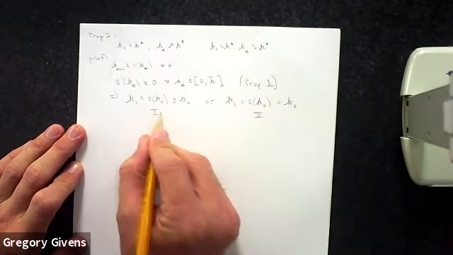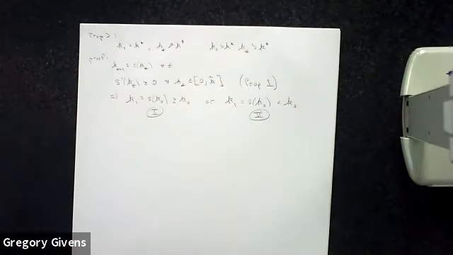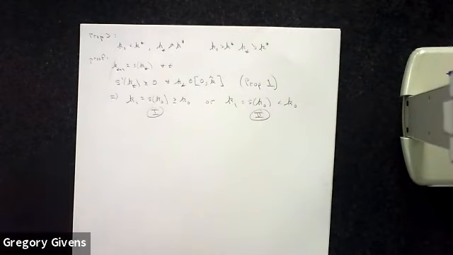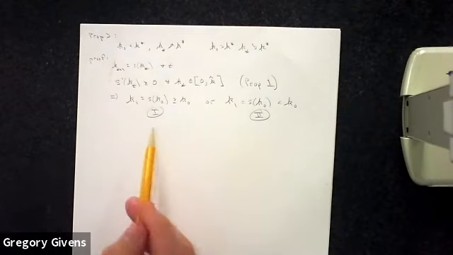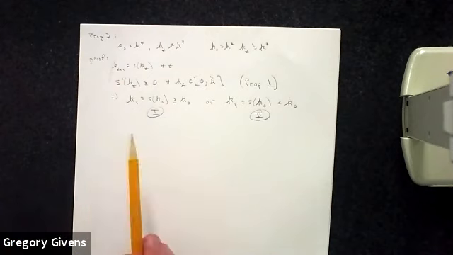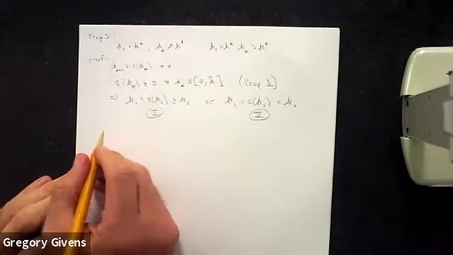There's only 2 possibilities here. Either K1 is going to be bigger than or equal to initial capital, or it's going to be less than initial capital, okay? I want to consider the behavior or the time path of the capital stock in each of these 2 cases, and try to demonstrate that regardless of which case we're talking about here, the capital stock is going to converge monotonically to the same steady state value in the long run.